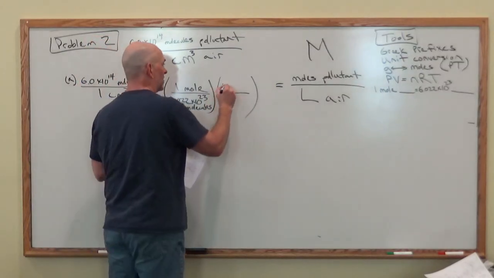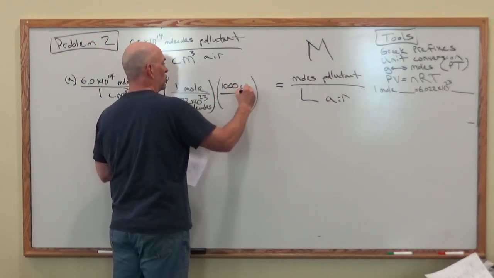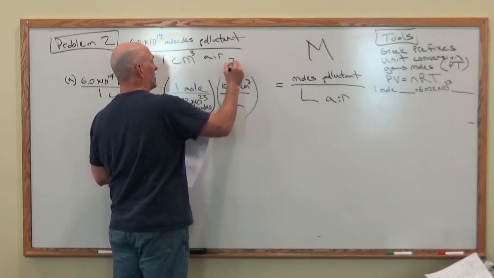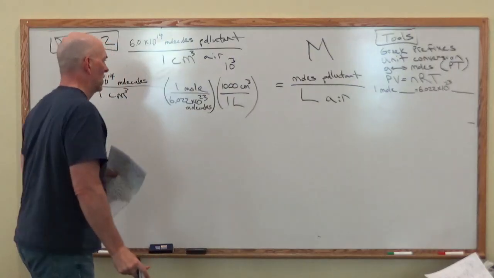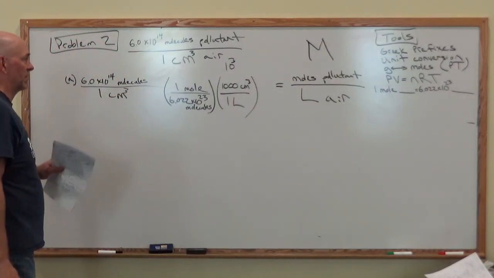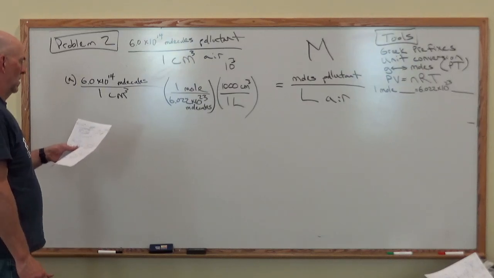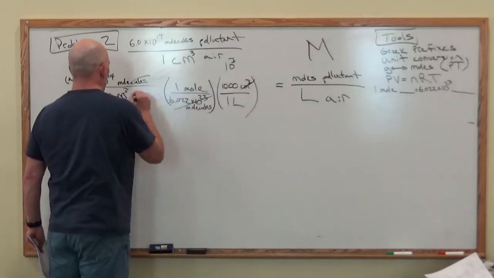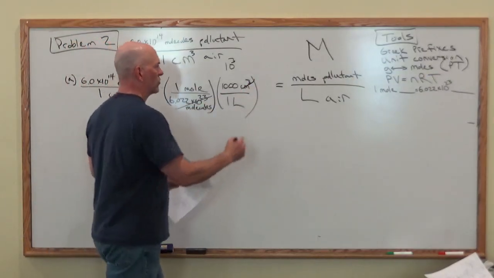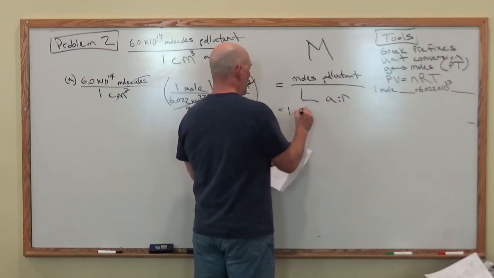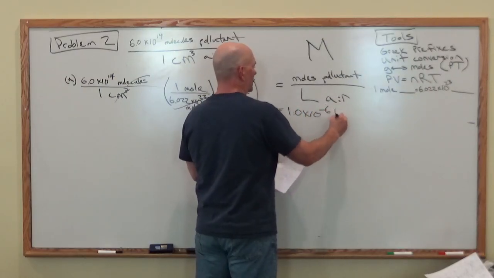So the same thing as 1,000 cubic centimeters in 1 liter, or if you want to write 10 to the 3rd, that's fine. Remember, cubic centimeter to milliliter are the same thing. So you just do the unit conversion. Moles per liter, and you get 1.0 times 10 to the minus 6 molarity.